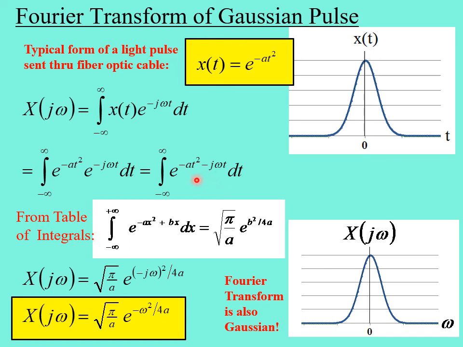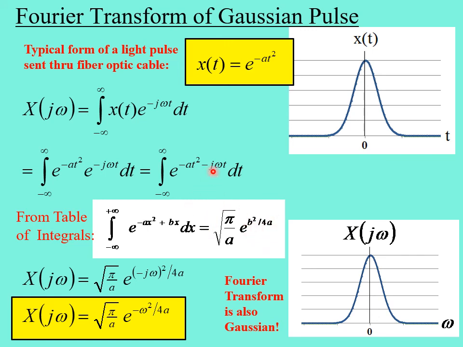This is one of many forms of what they call Gaussian integrals. So if you look up in a table of Gaussian integrals, you'll find one that looks something like this form here with a's and b's, and by comparing them, you can see we've got the same a, but the b obviously is going to be negative j omega. So this is the solution to this integral in terms of a and b.